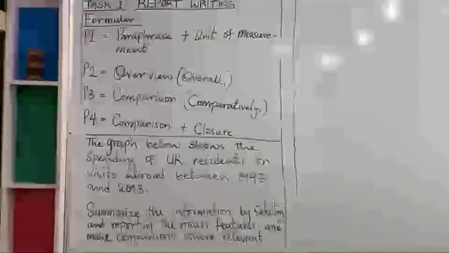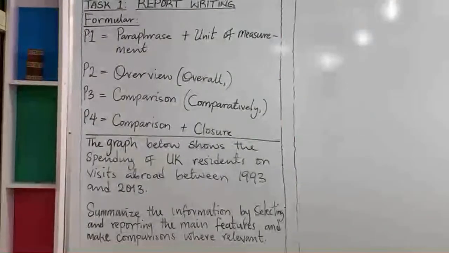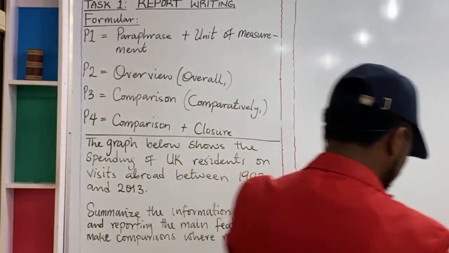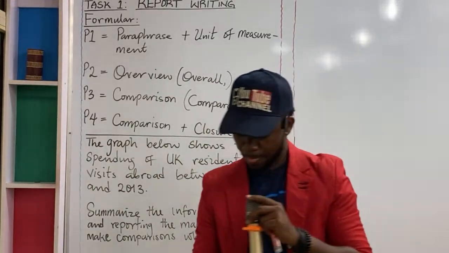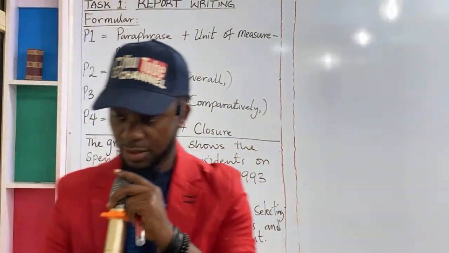We can't hear you. Hello, Daisy, we are waiting for you, please. Mrs. Cody, please, can you paraphrase what you have? All right, since they are not ready with their paraphrase, let's begin with those in the class.